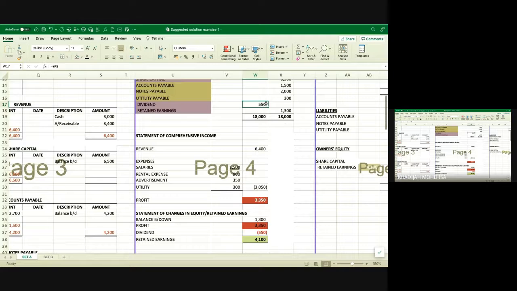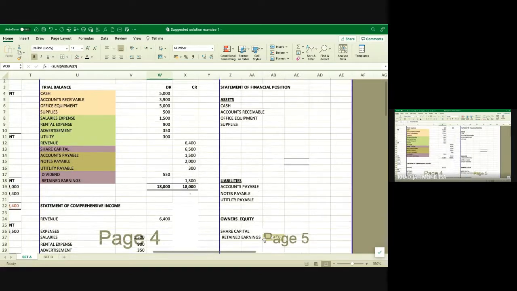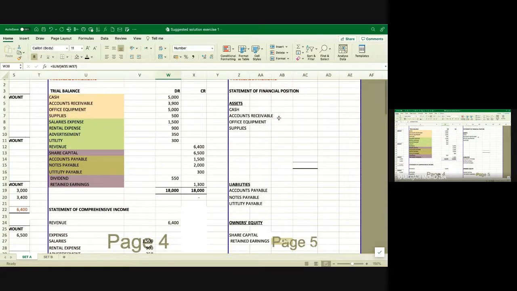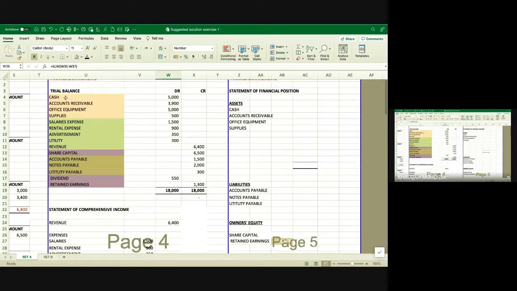So it goes in here. Now you have a closing retained earnings of 4,100. This is the amount that goes into your statement of financial position. So when you do your statement of financial position, which is the last one, you prepare it by identifying the assets and everything from your trial balance. So you just plug in the figures.